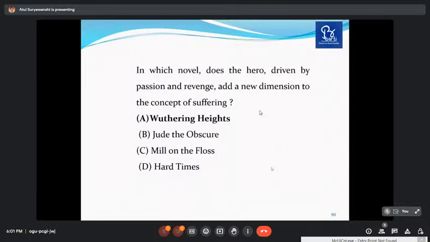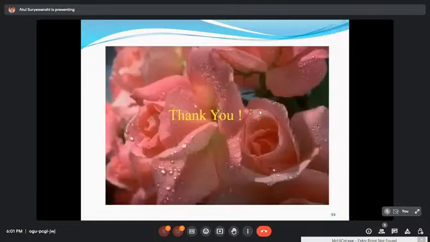So these are only sample questions, my dear friends. This is only the tip of the iceberg, and we have to explore just below it in the ocean and search for all the treasures of literature. Now this is the end of today's presentation. My dear friends, I think the questions asked in the NET and SET examinations will make your concept clear.